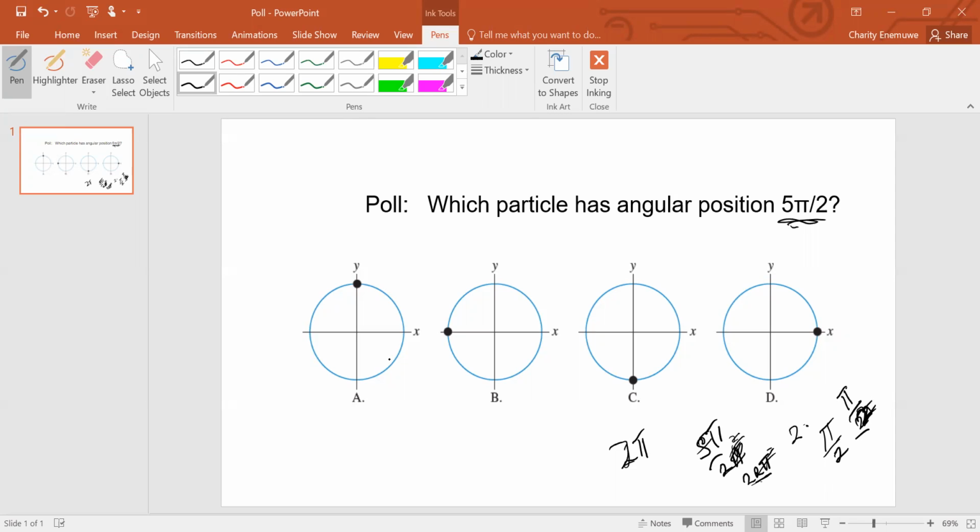Because half of pi is pi over 2. So the answer is A. 2 revolutions remaining pi over 2. The pi over 2 is a quarter revolution.